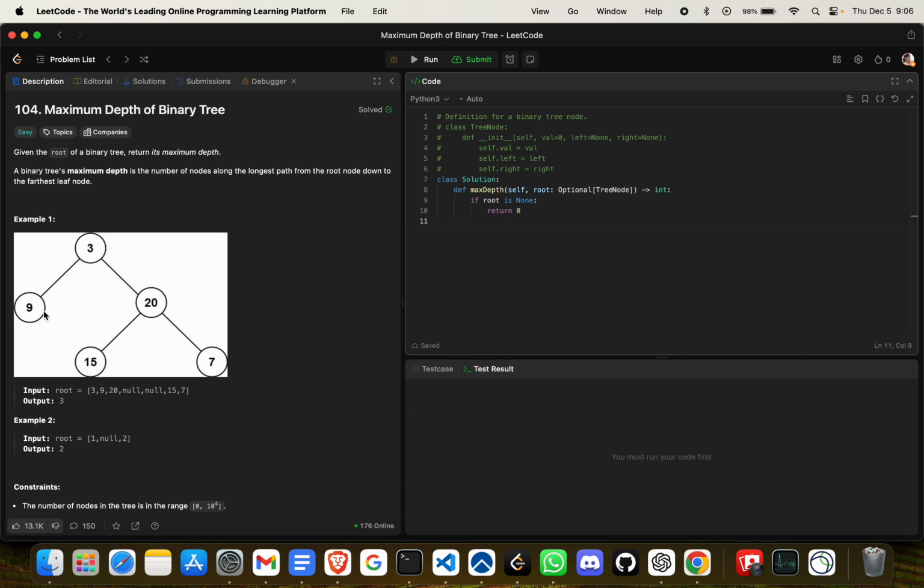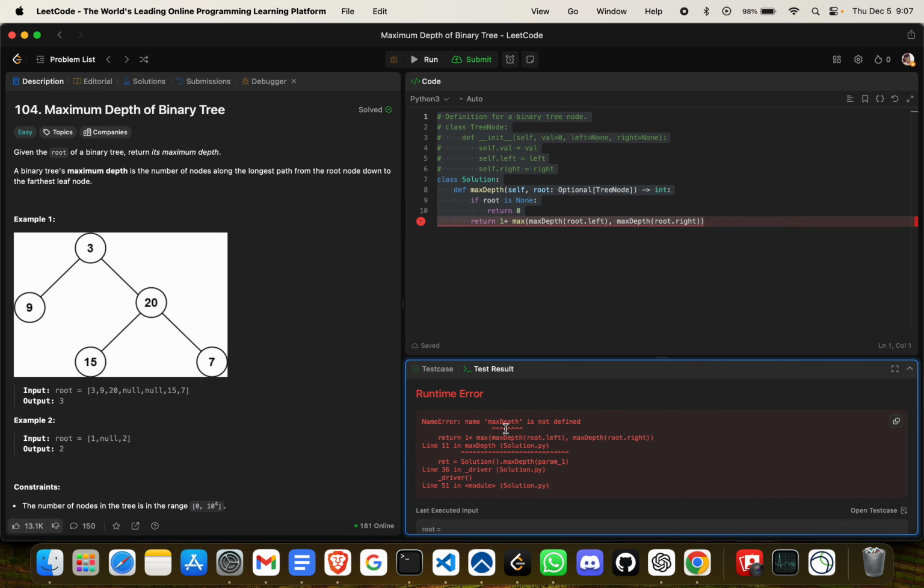So 1 plus the max of 9 comma 20. Normally we can just write 1 plus max depth of root dot left comma max depth of root dot right. So this could return the maximum depth.